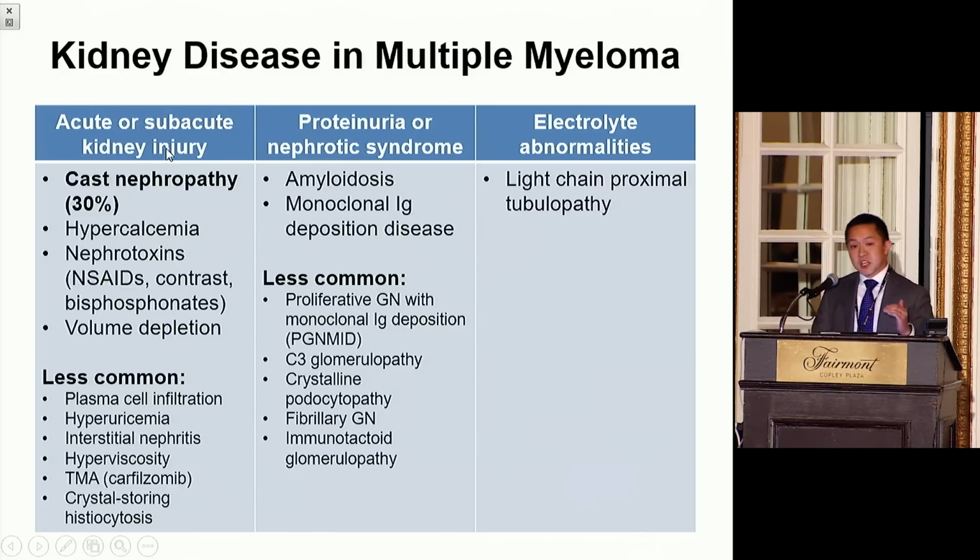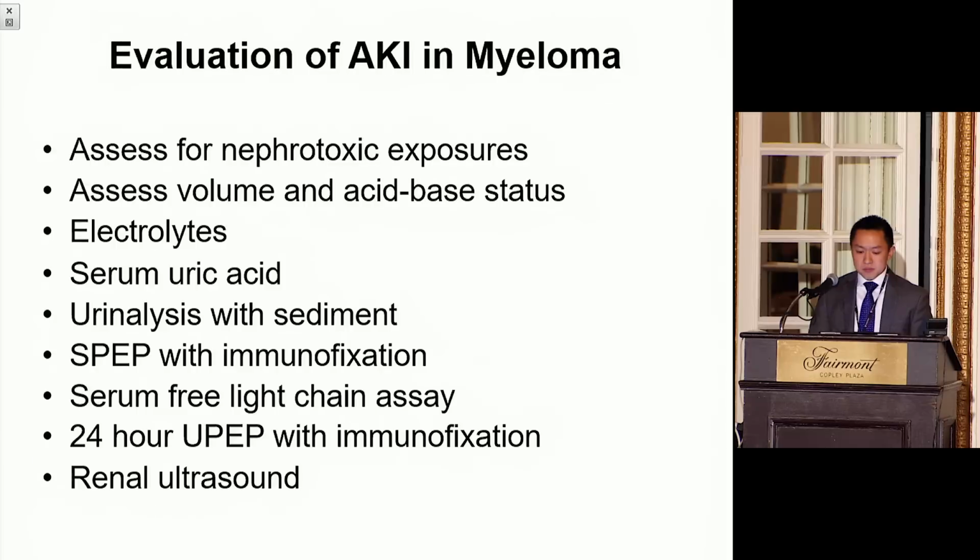You can see here that the most common cause of AKI in myeloma patients is cast nephropathy. Other common causes include hypercalcemia, nephrotoxins, and hypovolemia. And there are some less common causes that you might see, such as plasma cell infiltration, hyperuricemia, interstitial nephritis, and these other causes as well. But these are far less common than the ones that you see above.